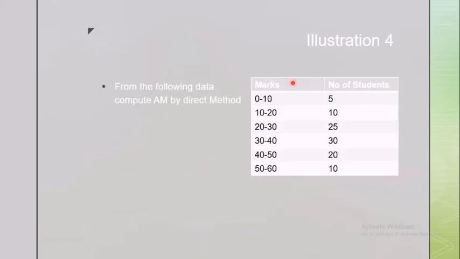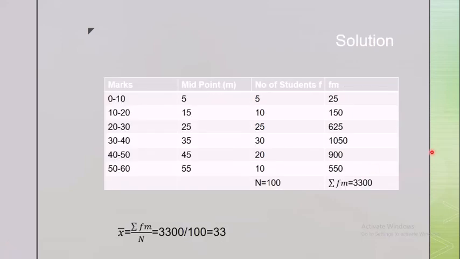So let's have a look. The illustration is given like this. You are provided with the table. The marks are given over here, 0 to 10, 10 to 20, 20 to 30, up to 50 to 60, and the number of students is also given. Then you have to calculate by using your arithmetic mean formula, that is x bar is equal to summation fm divided by n. First of all, you have to construct a table. You find the midpoints from the classes that are provided, denoted by m.